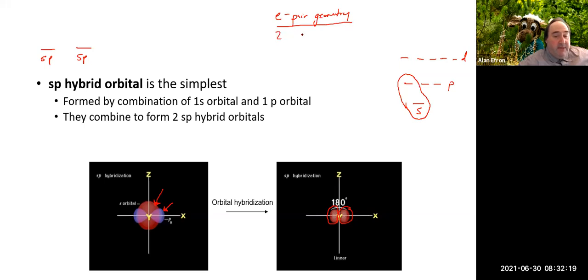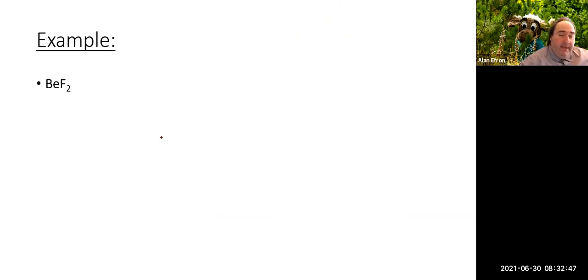When we had two electron pairs, that gave us the linear electron pair geometry that's 180 degrees apart. And that's exactly what we have going on here with sp hybridization: we get the linear electron pair geometry. So what happens in this case if we look at an example, for example, BeF2.